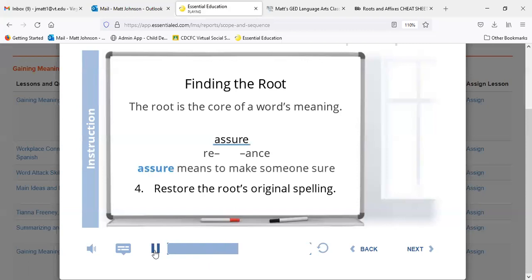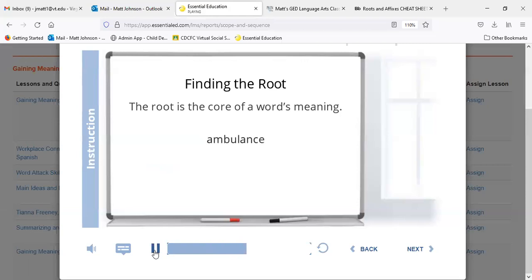That's my root, assure. Sometimes you'll find a root, and it won't be something you recognize as a word, and that's okay. Let me show you what I mean. I'll try to find the root of the word ambulance. Step 1. Identify the prefix. I don't see a prefix that begins with am, so I'm going to assume that this word doesn't have a prefix. Moving on to step 2. I spot the suffix ance. Step 3. I remove the one affix I found.